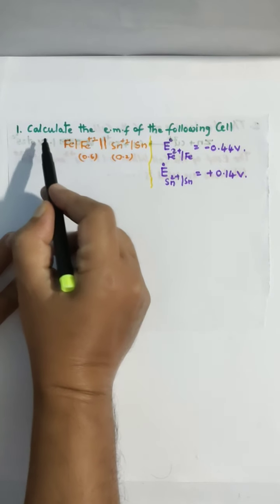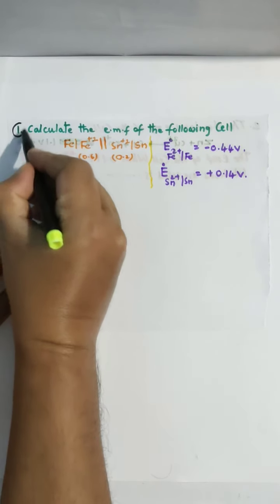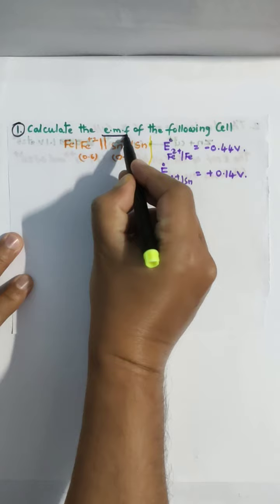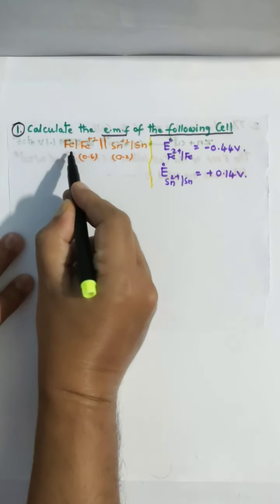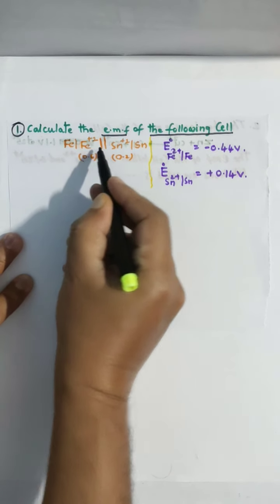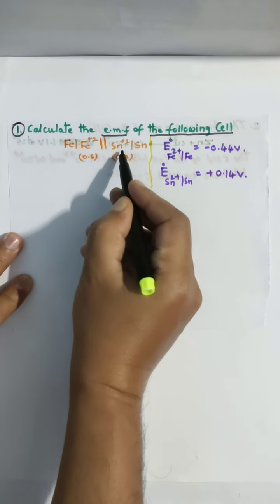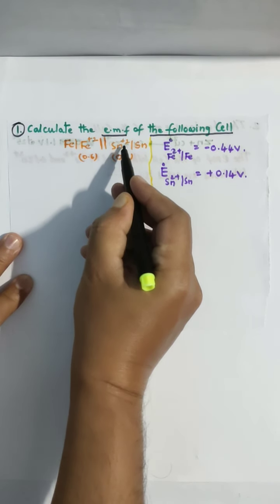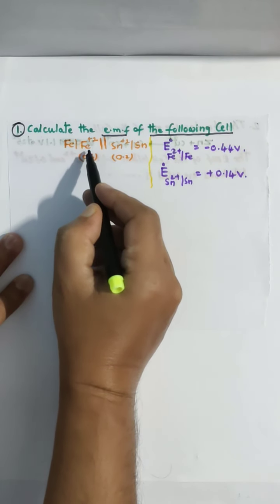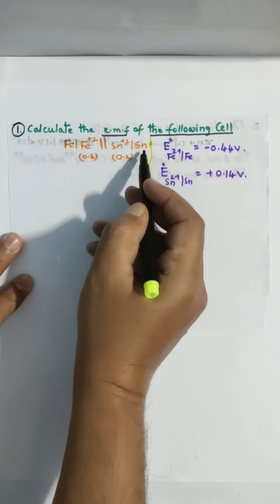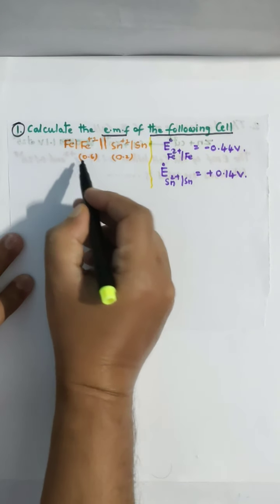Let me start. Calculate the EMF of the following cell: iron bar, iron 2 plus, salt bridge, tin 2 plus, tin bar. Means iron is in iron sulfate solution and tin is in tin solution.